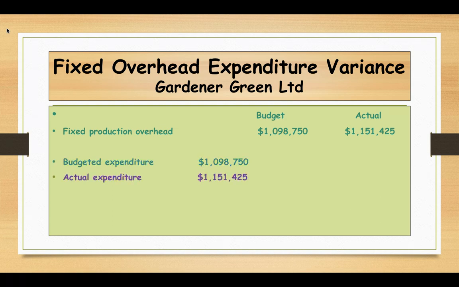But the actual expenditure is 1,151,425. So the fixed overhead expenditure variance is $52,675 adverse. So we simply take away the budgeted fixed production overhead from the actual fixed production overhead and we will get the expenditure variance.